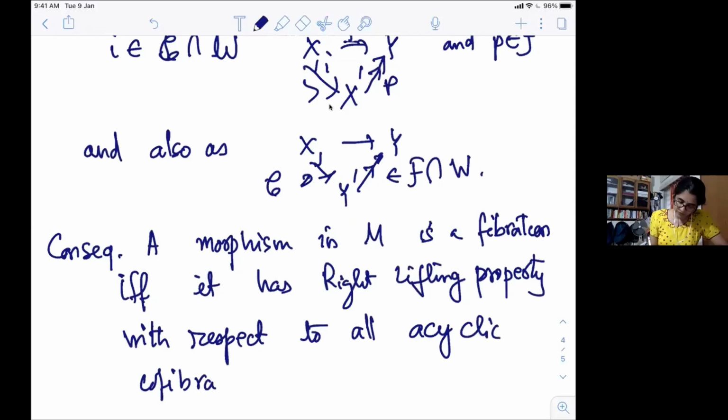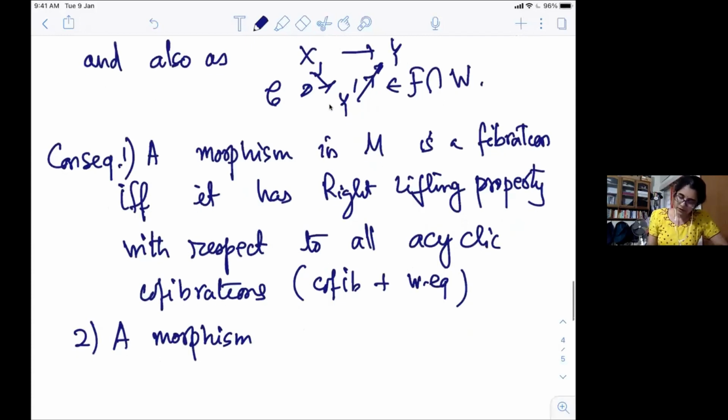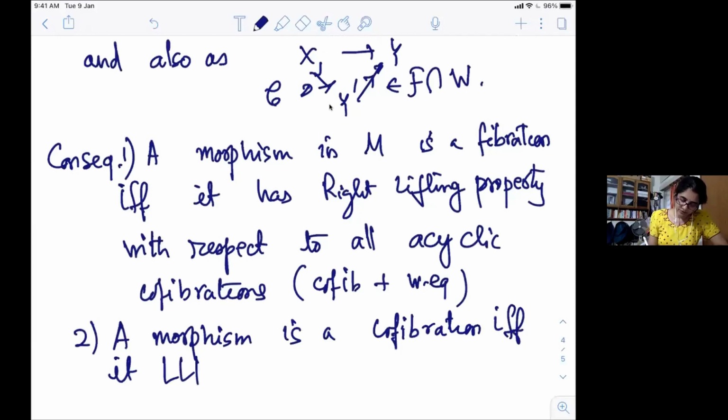By that I mean something which is a cofibration plus a weak equivalence. Similarly, I have the dual thing: a morphism is a cofibration if and only if it has the left lifting property with respect to all acyclic fibrations.